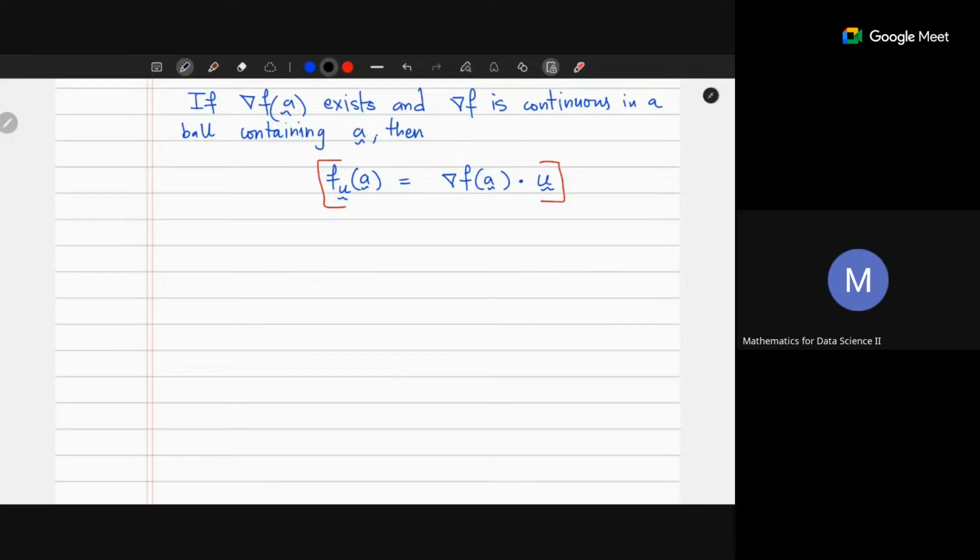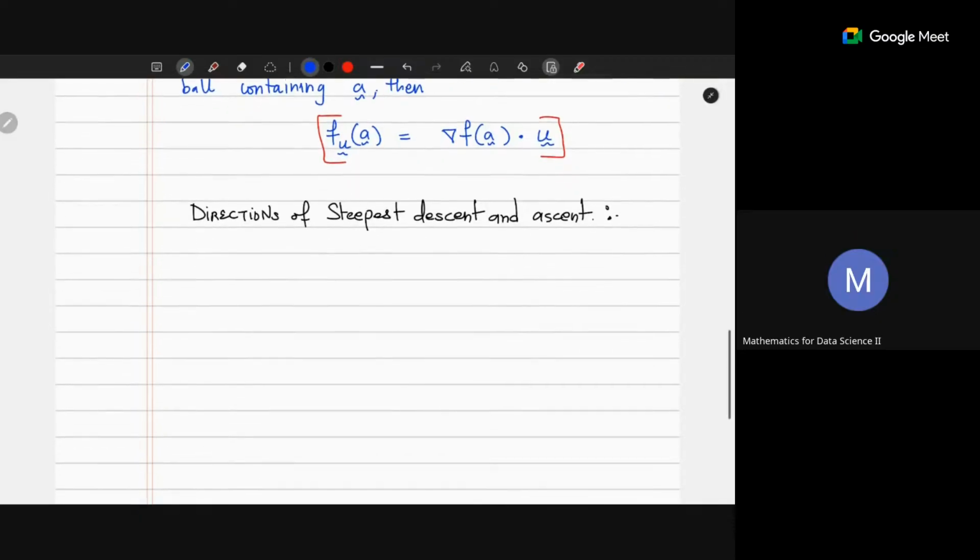So let me write down the directions of steepest descent and ascent.